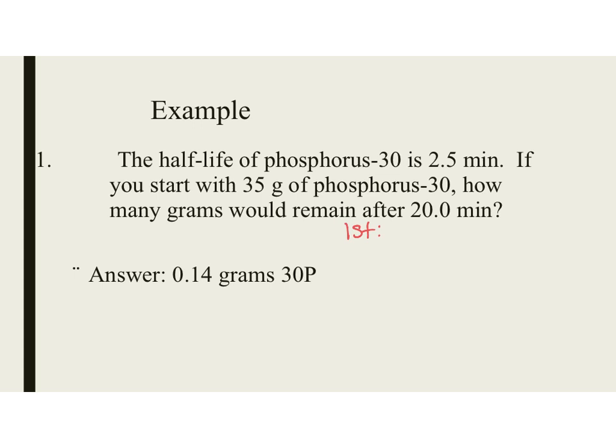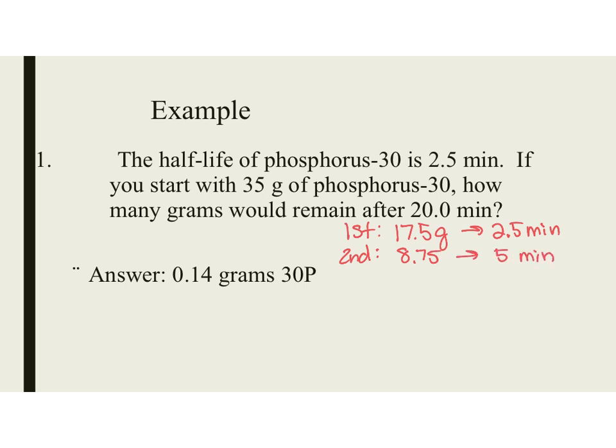So the first half-life passes, 17.5 grams remain, and that was after 2.5 minutes. The second half-life goes on. So half of 17.5, we're now at 8.75. Now we're up to 5 minutes.